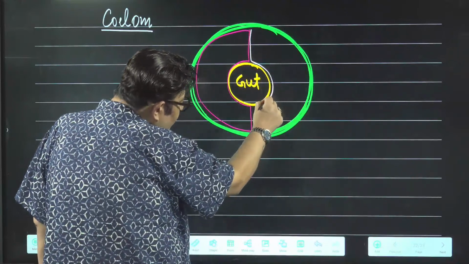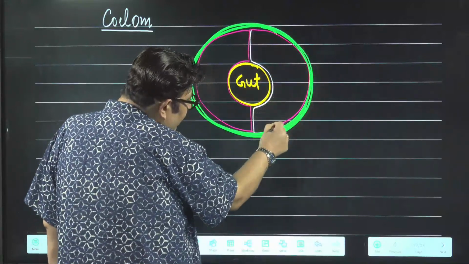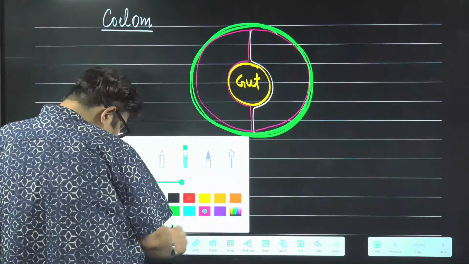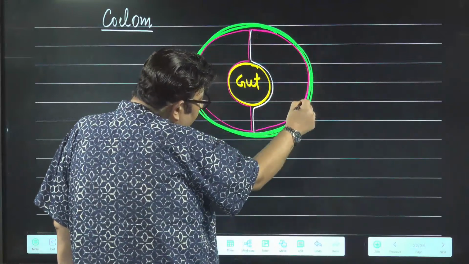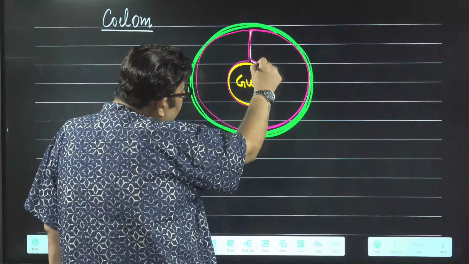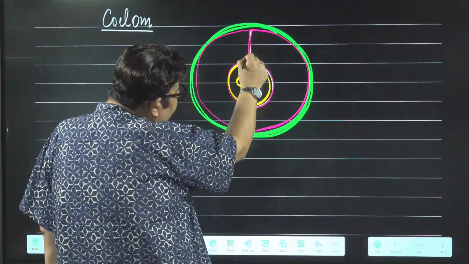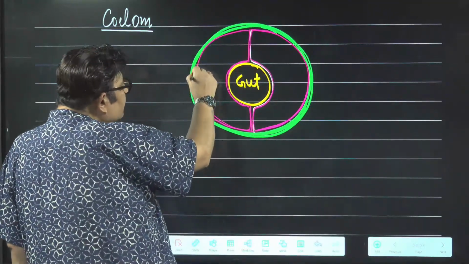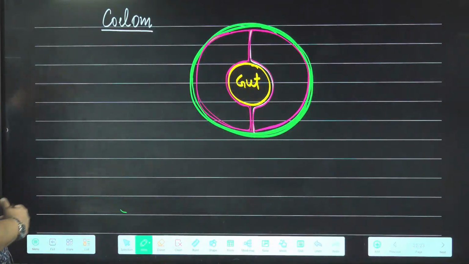The red color I have shown here, it is formed as if there are 2 big bags filled with fluid surrounding the gut from all sides.